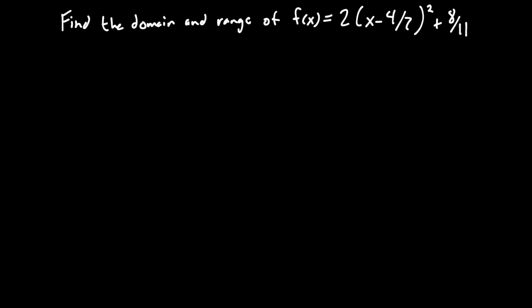Now, let's find the domain and the range of f of x is equal to 2 times x minus 4 divided by 7, raised to the second, plus 8 divided by 11. The easiest way first is always to draw a picture.